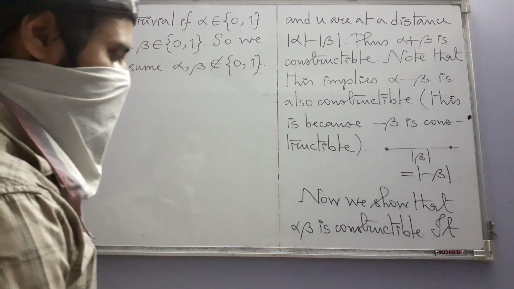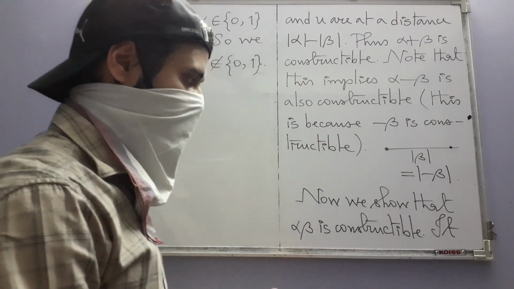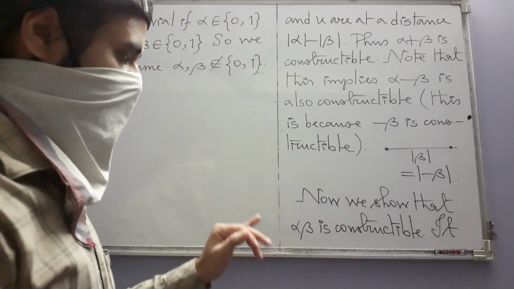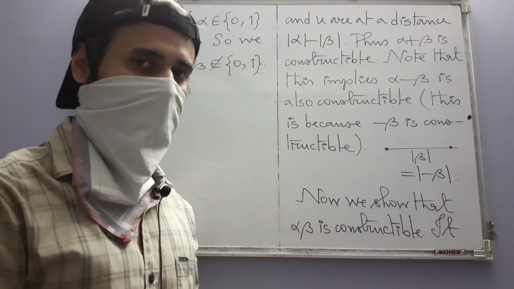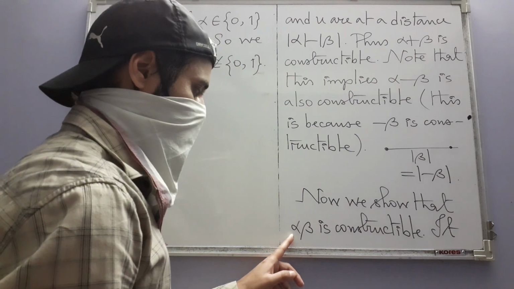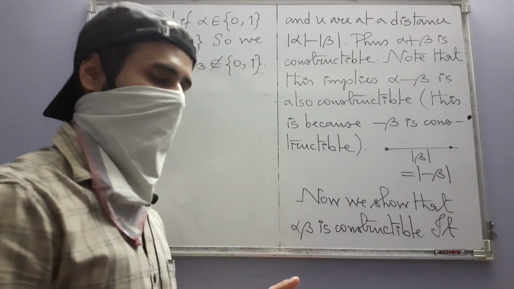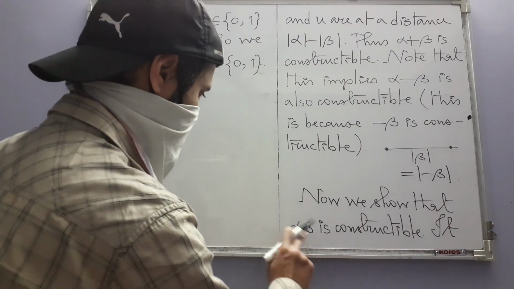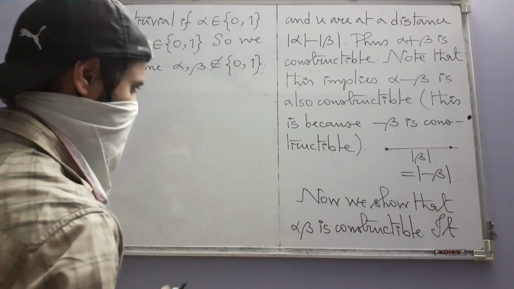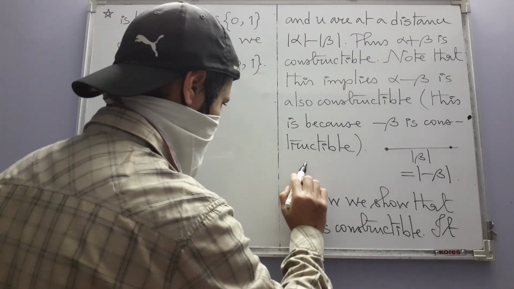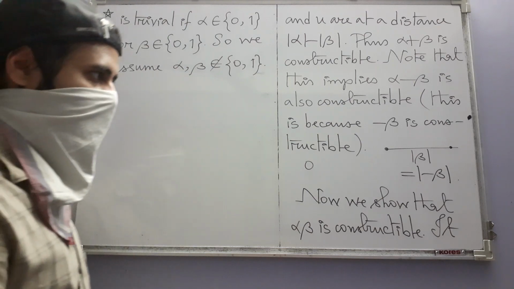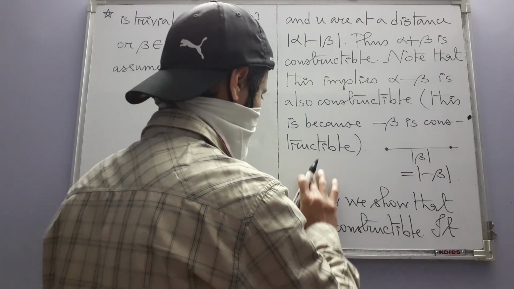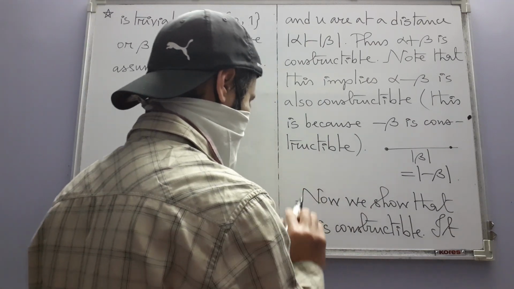Okay, by the way, how is it trivially true that alpha beta is constructible when either this is the case or that is the case? So what goes on when alpha is 1? That is easy to understand. When alpha is 1, this product is just beta, and beta is given to be constructible. But what happens when alpha is 0? Then this product is 0. Is 0 constructible? Yes, it is. Why?